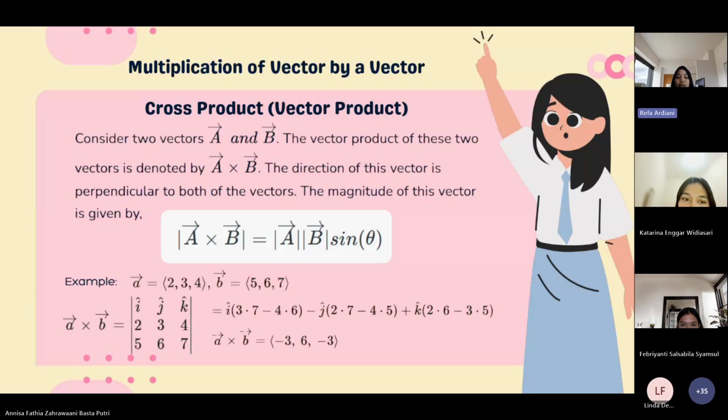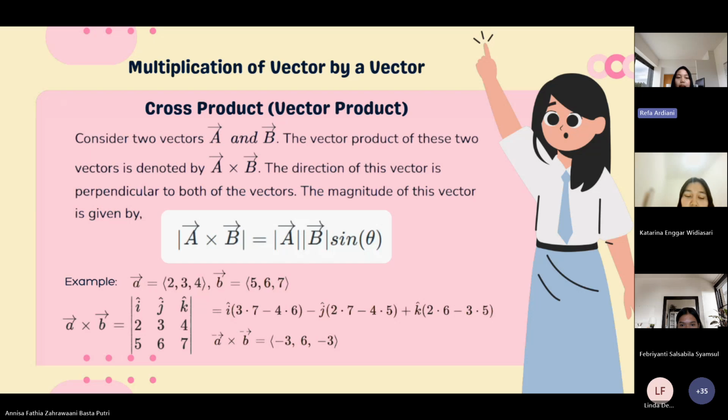The magnitude of the cross product is given by the formula: the magnitude of A cross B equals the magnitude of A multiplied by the magnitude of B multiplied by sin theta. Here, theta represents the angle between the two vectors.